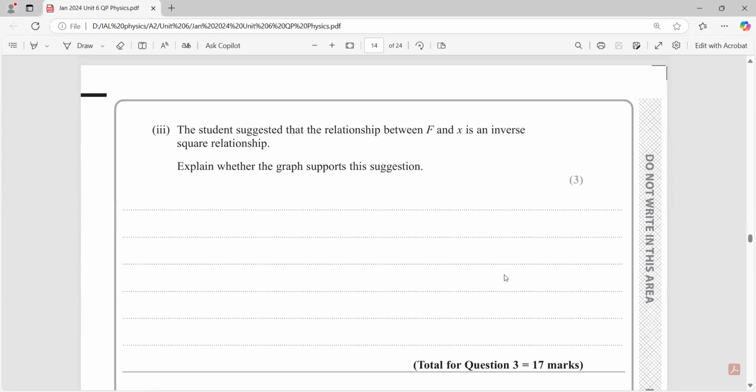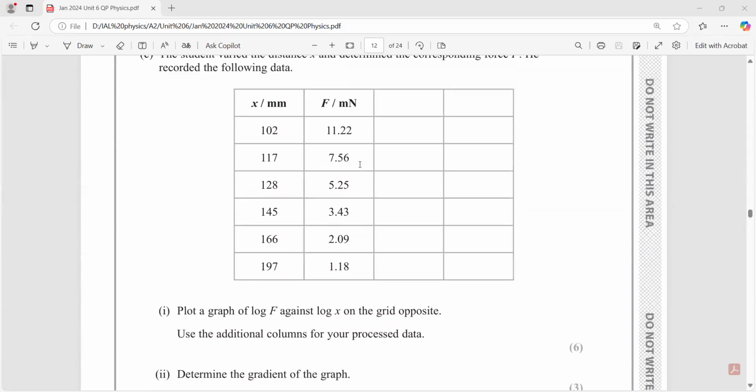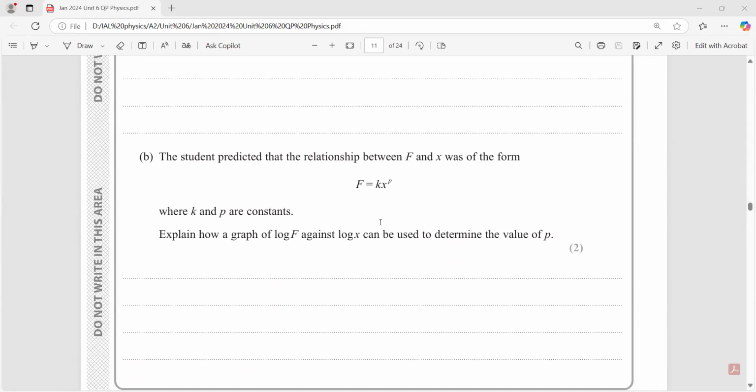Then the student suggested that the relation between F and x is inverse. Explain whether the graph supports this suggestion. Look, after plotting the dots, do we draw a curve or a straight line? It should be a straight line. Why? We derived this equation and showed that the gradient p is a constant.